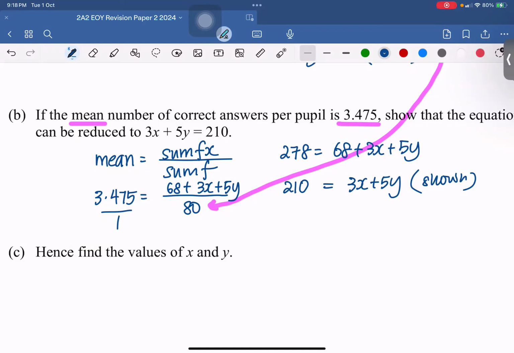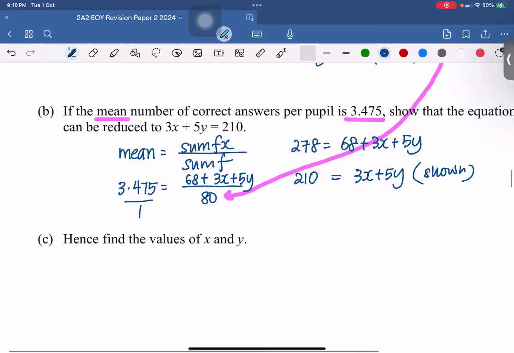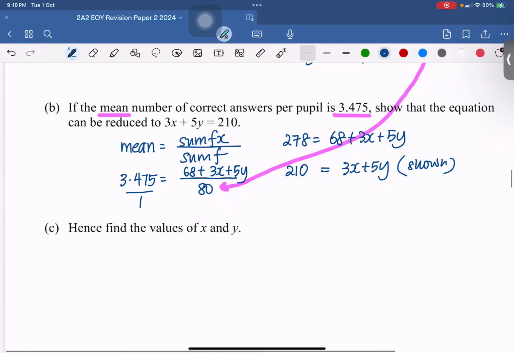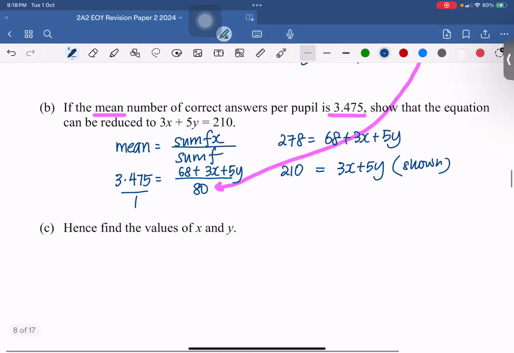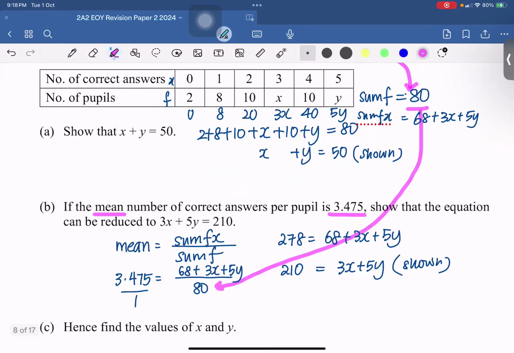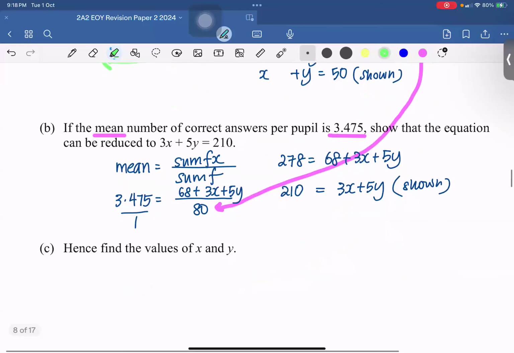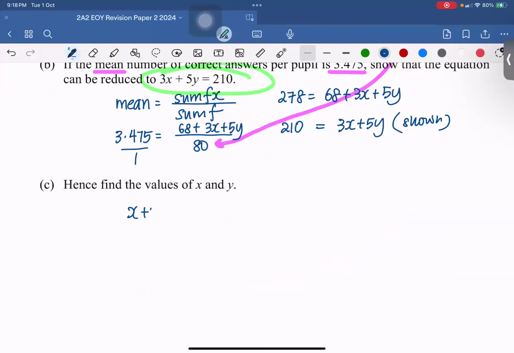Now whether we can do or cannot do, we can still solve the simultaneous equation. First equation, x plus y equals 50, equation number 1. Second equation, 3x plus 5y equals 210, equation number 2. I like to do elimination.